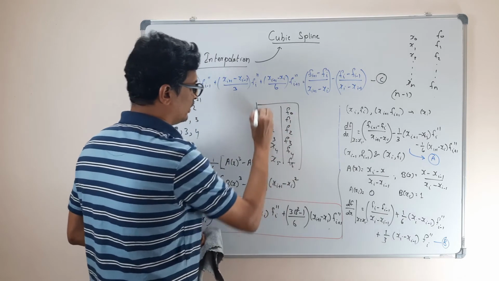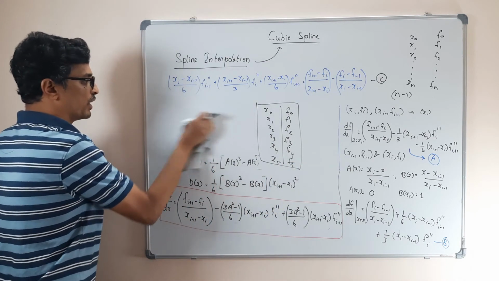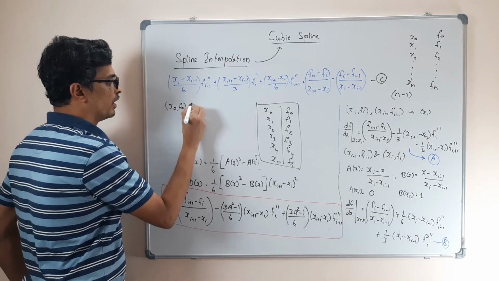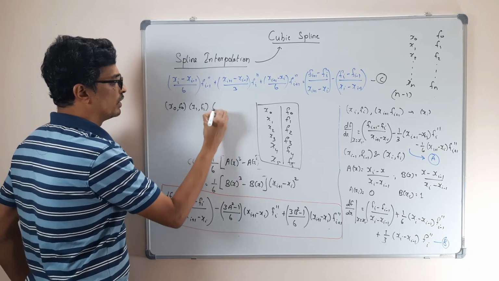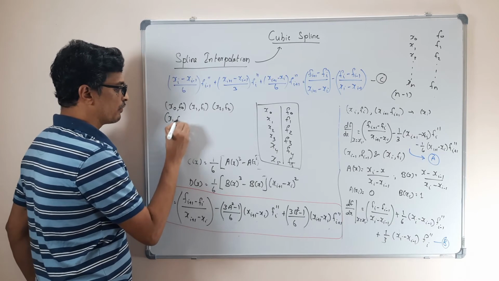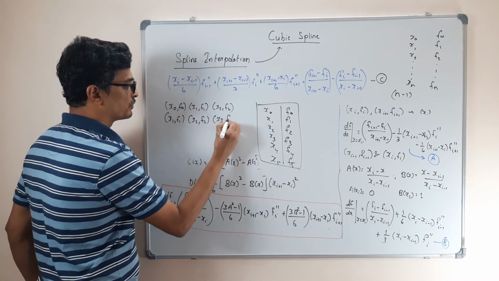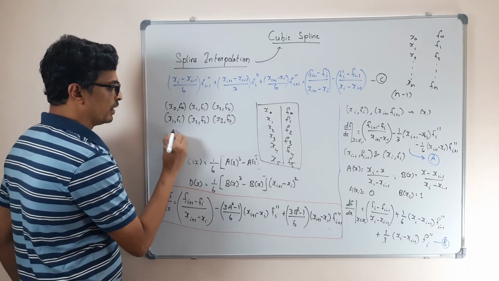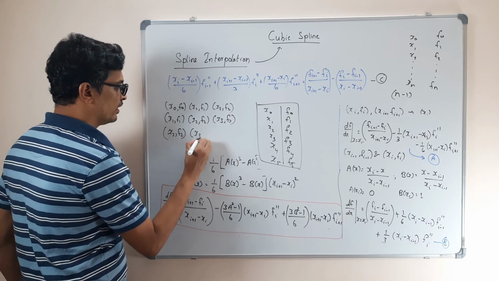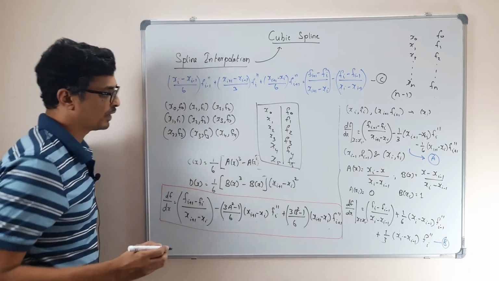You can clearly see, the first equation can be constructed using x0, f0, x1, f1, x2, f2. The second equation will be x1, f1, x2, f2 and x3, f3. The third equation will be x2, f2, x3, f3 and x4, f4.